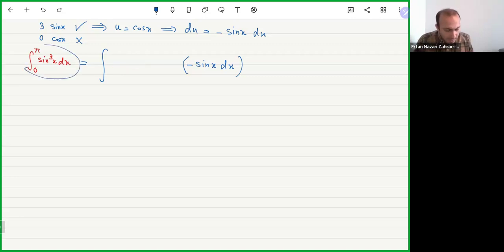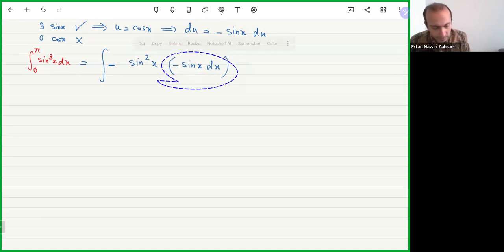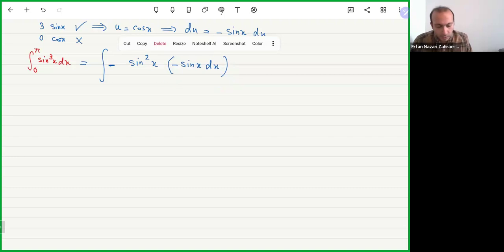First of all, I didn't have any negative sign, but I added a negative sign here, so it's a negative sign to cancel each other. dx, it's there. Out of sines, one of them is written here. So we have 2 more sine to write here. Okay.